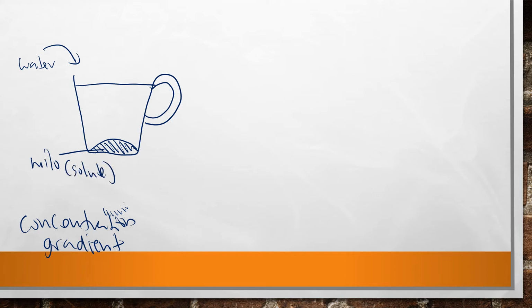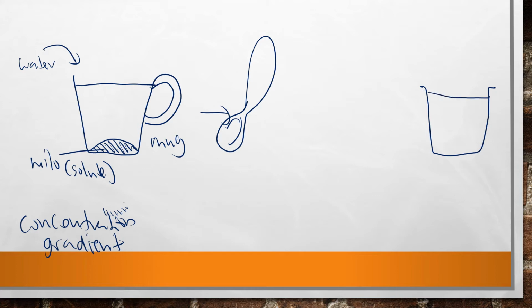The Milo is still at the bottom of the mug. Nothing happened. But if you use a spoon to stir the mug, what happens is the Milo slowly starts to diffuse all over the water. So in the end, you have a mug full of Milo water.